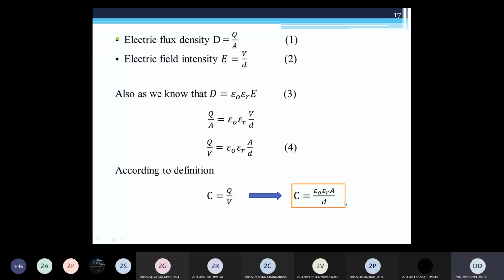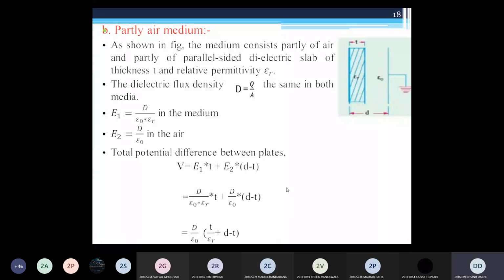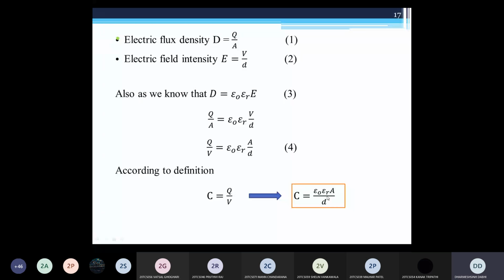In this, you first calculate the area of the plates, you find the distance between the two conducting plates, and you also know the absolute permittivity and relative permittivity of that insulating material. So you can find the capacitance of that capacitor. We use that equation during the calculation of examples related to capacitors. So remember this equation, C is equal to epsilon 0 epsilon R A divided by D.